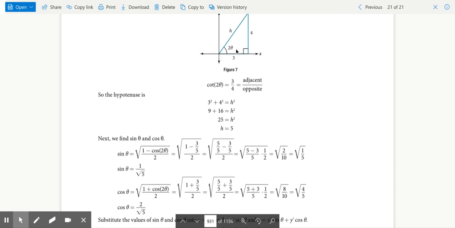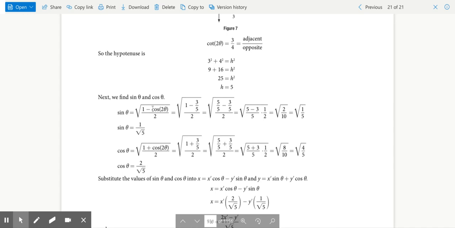So cosine 2 theta would be, of course, 3/5. And then using that half angle formula, you can find sine of theta. Remember, we want sine of theta, not sine of 2 theta. We need sine and cosine for our formulas here, right?